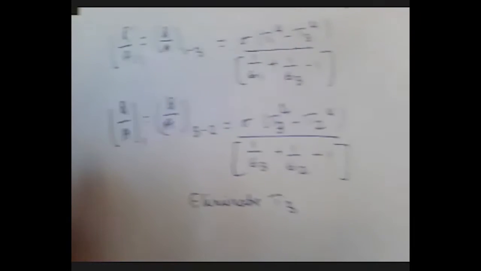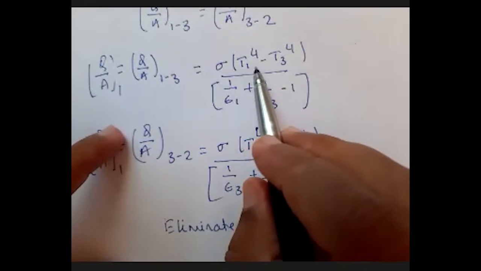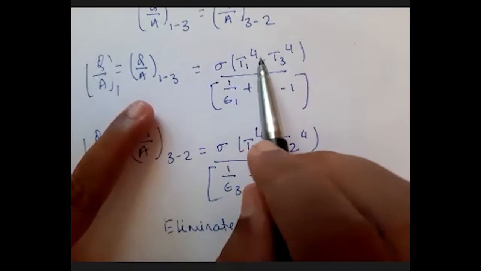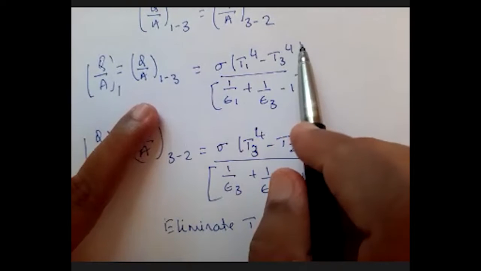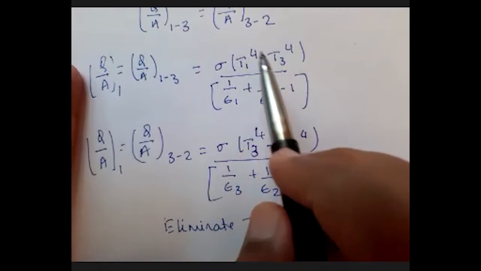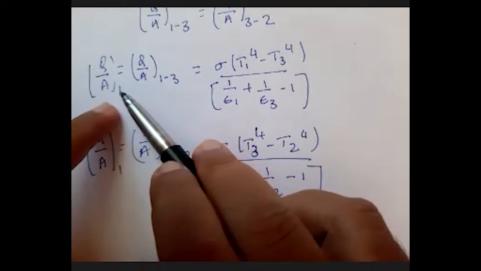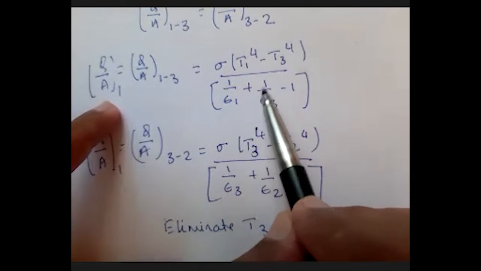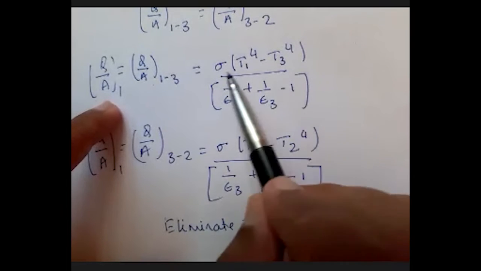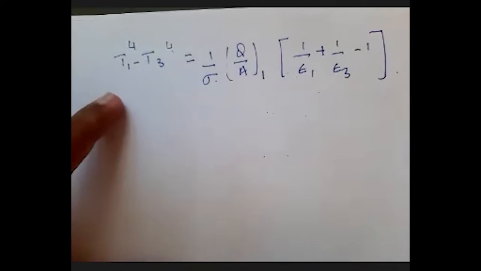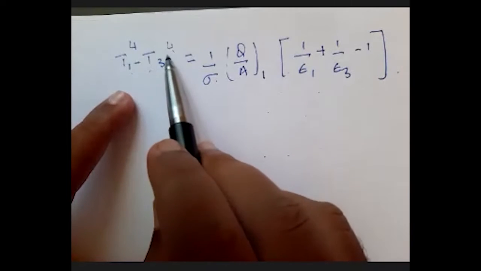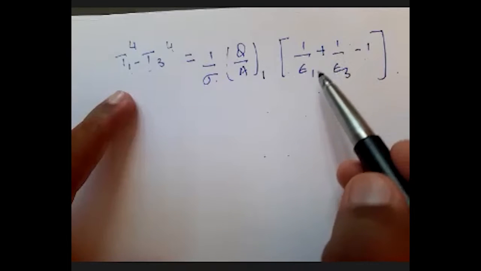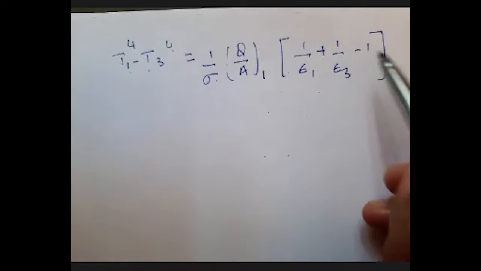Taking the temperature terms on one side and all the other terms on the other side, I keep T1 raised to 4 minus T3 raised to 4 on the left hand side. So T1 raised to 4 minus T3 raised to 4 is equal to 1 by sigma, Q by A of 1, into (1 upon emissivity 1 plus 1 upon emissivity 3 minus 1).